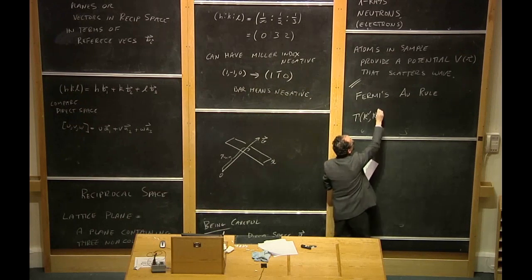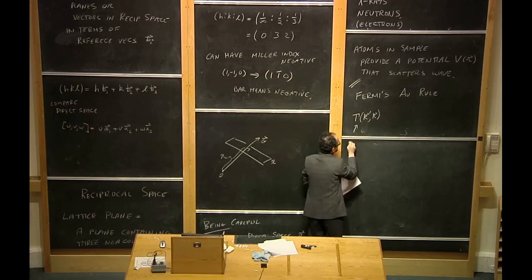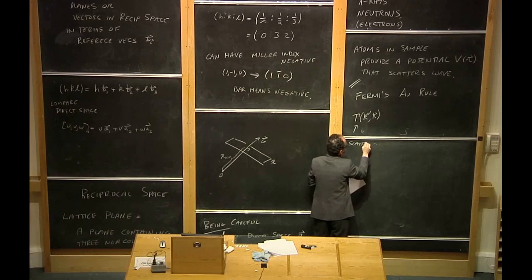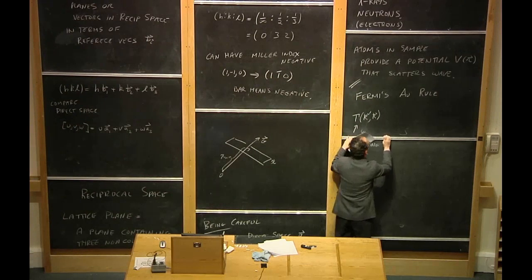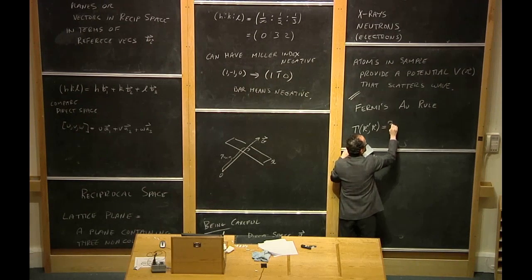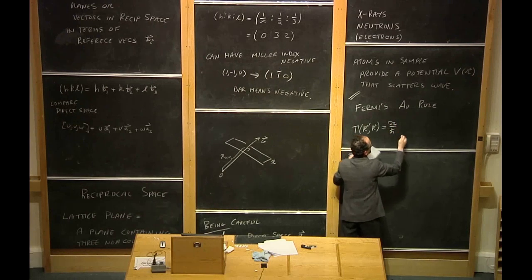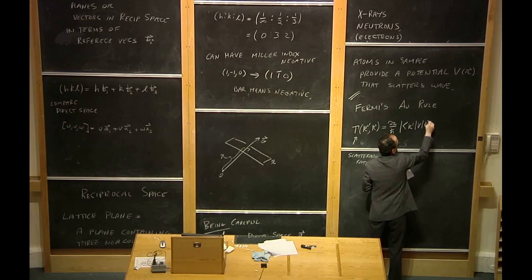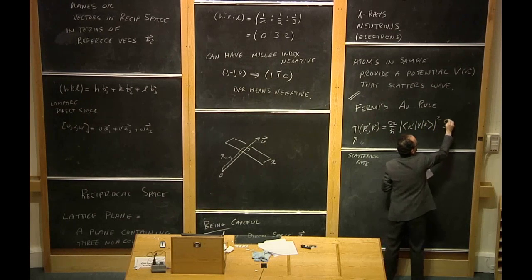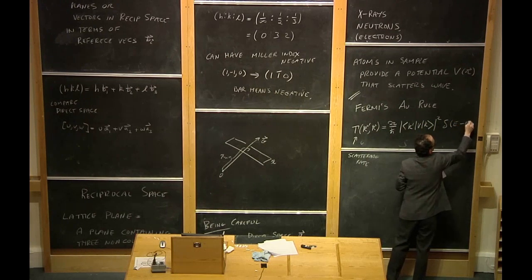Okay, so the scattering rate from k to k prime is given by, you've probably seen Fermi's golden rule, 2 pi over h bar. There's a matrix element, k prime V k, that gets squared, and an energy-preserving delta function.